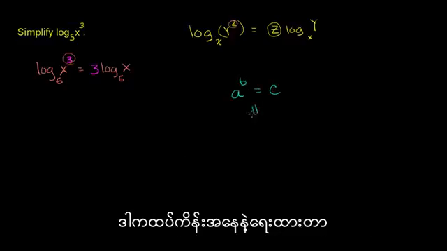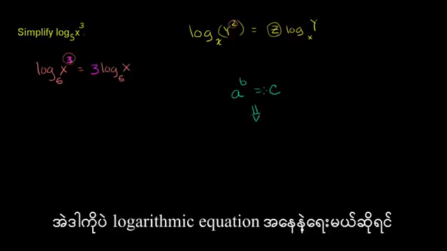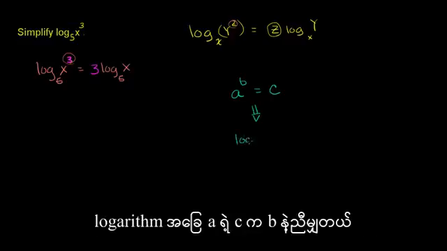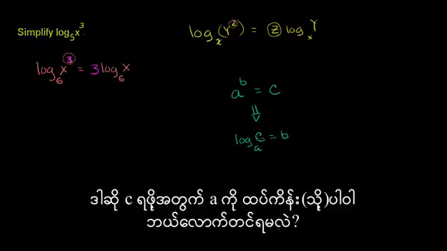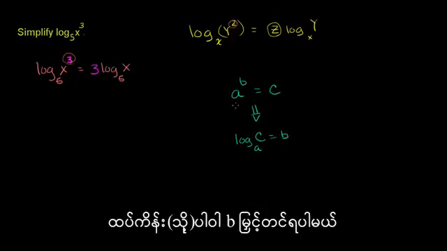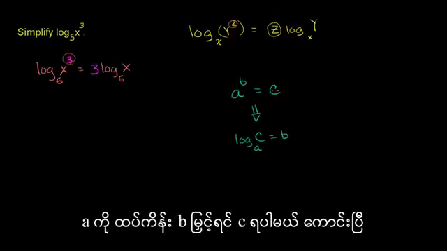And so if we know that, that's written as an exponential equation. If we wanted to write the same truth as a logarithmic equation, we would say logarithm base a of c is equal to b. To what power do I have to raise a to get c? I raise it to the bth power. A to the b power is equal to c.